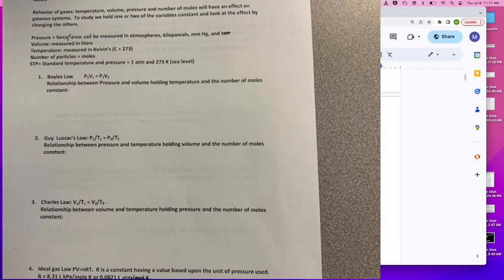You may be asked, what is Boyle's Law? What is Gay-Lussac's law? What is Charles's law? You may be asked for that, or you may be asked to manipulate what the law means. Okay? So when we look at Boyle's law, officially what he noticed is that if you multiplied the pressure and the volume for one condition and the pressure and the volume for another condition, that when you multiplied them, they equaled each other.